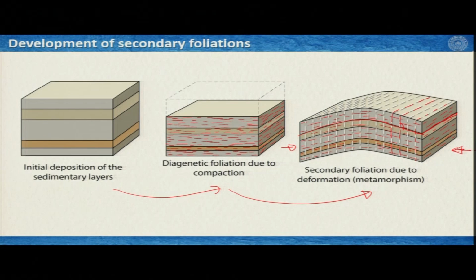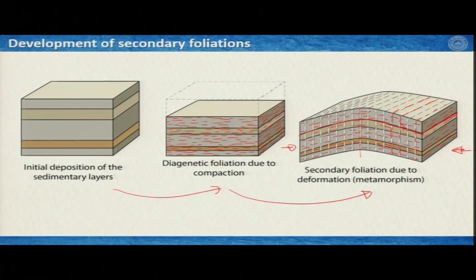They do not necessarily always have to be at an angle, they can be parallel as well, but we will see this later, what happens if the secondary and primary foliations are parallel to each other. But the concept I tried to give you here is how the secondary foliations form. We will also learn later that this is a special type of foliation, so we call it axial planar foliation or axial planar cleavage, but we will learn about it later.